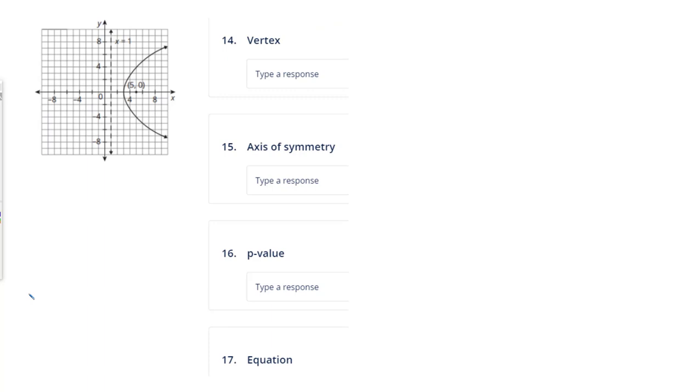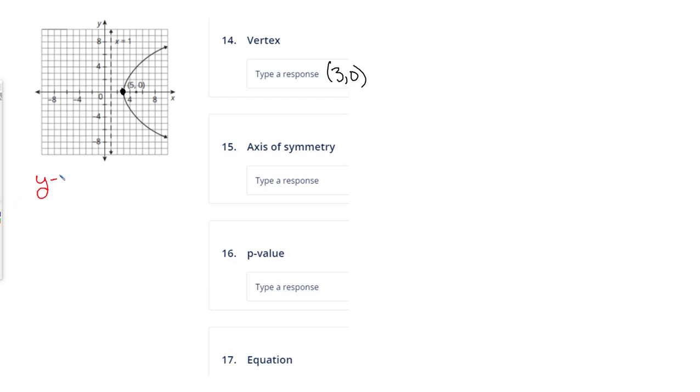What's different on the next set? Where's my vertex? It's on 3 here. So I'm no longer at the origin. So that means that those origin equations I can't use.